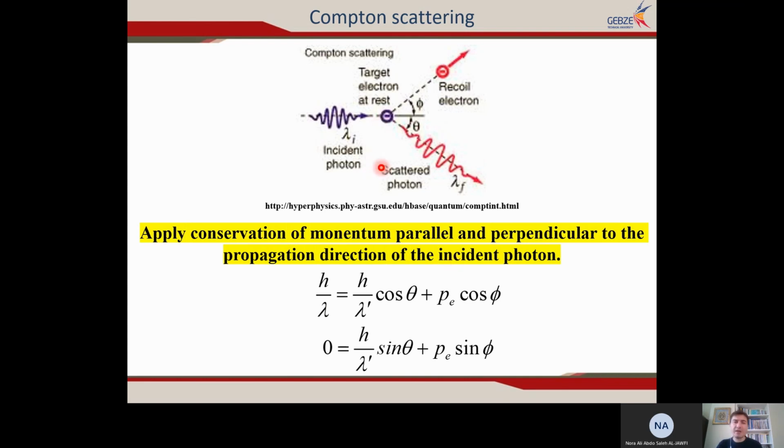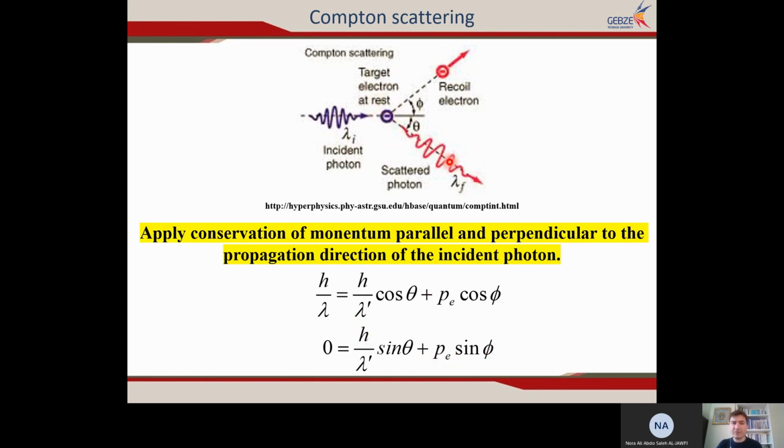So now let's apply the momentum conservation along the y-axis. So what is the momentum of the photon at the beginning? It is 0, okay, because it is traveling along the x-axis. And then what is the momentum of the electron? It is also 0.